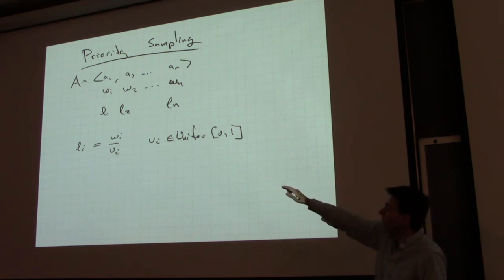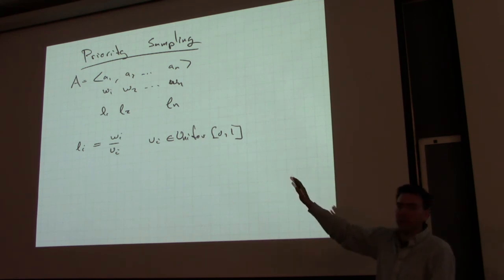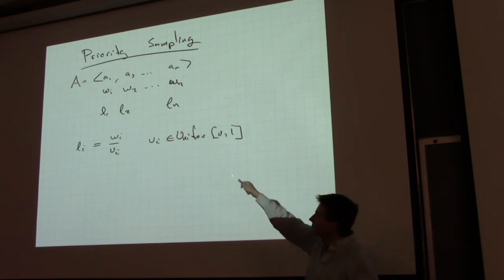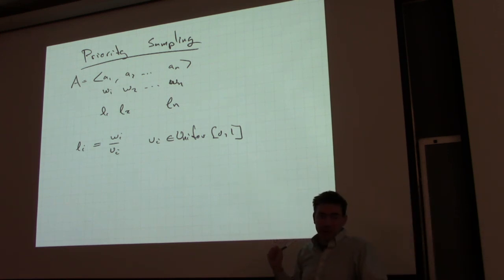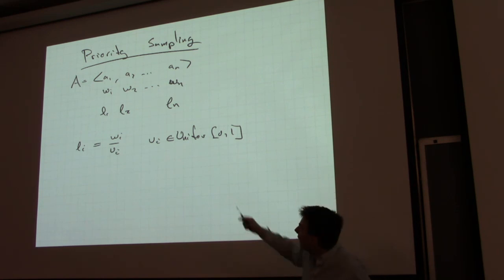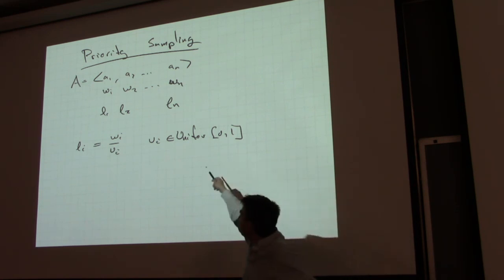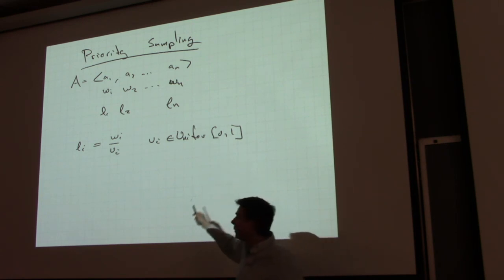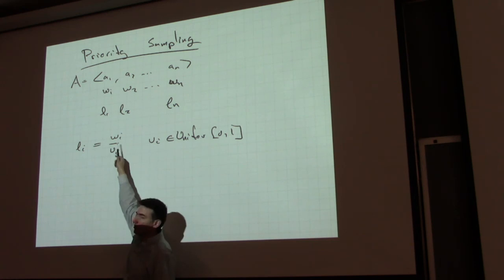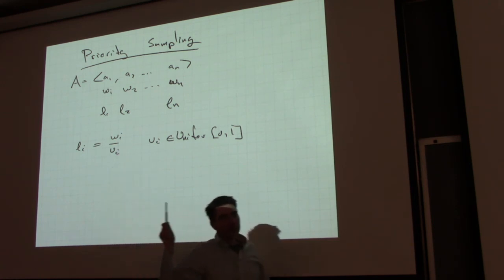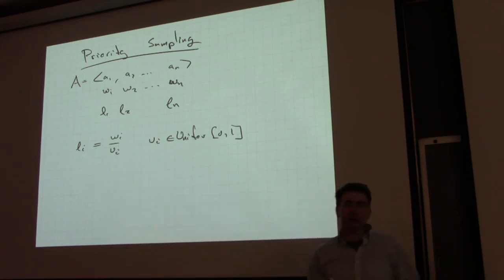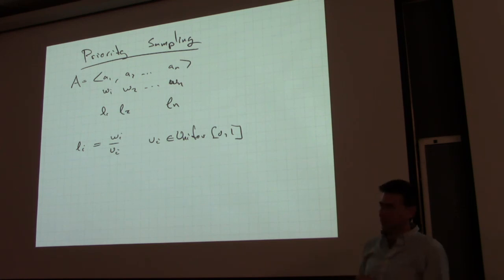So now the priority is a random value. It's going to be larger if the weight is larger, on average. But if I happen to pick a really small uniform random value, like 0.001, then I'm dividing by that, and this is going to be really large. So I might pick really small things, but not usually.